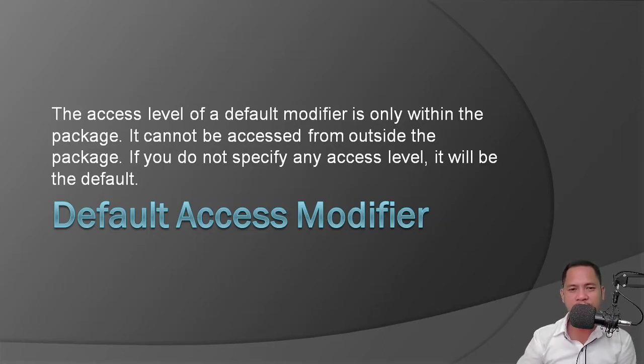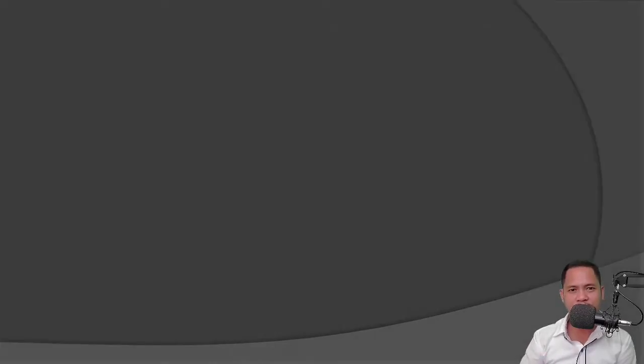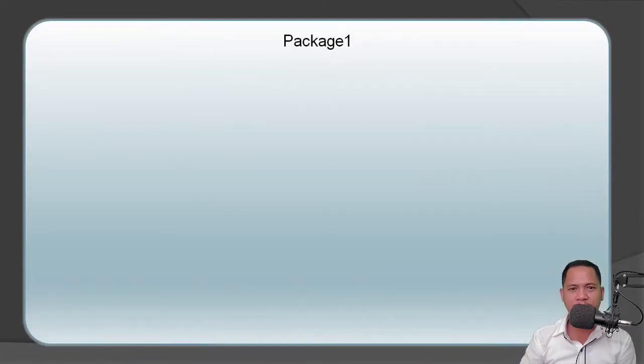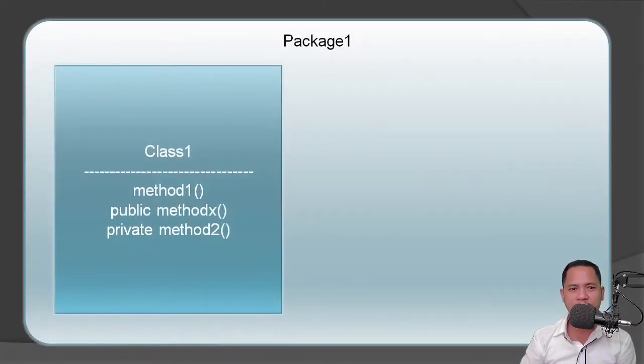Let's take a look at this in graphic mode. Here we have a package, and inside of it you're going to have a class. Notice that this class has 3 members: method 1, method X, and method 2. Method 1 does not have an access modifier. Method X is public, and method 2 is private.